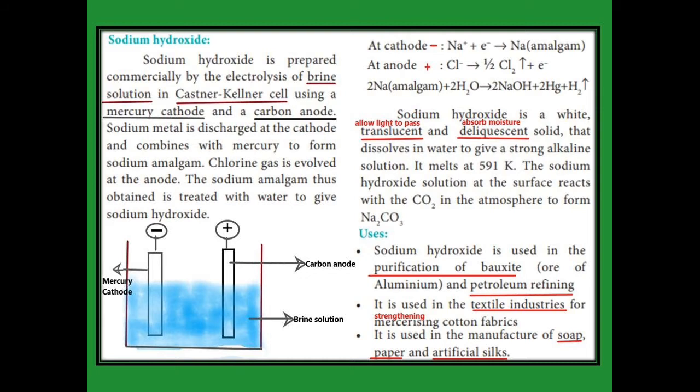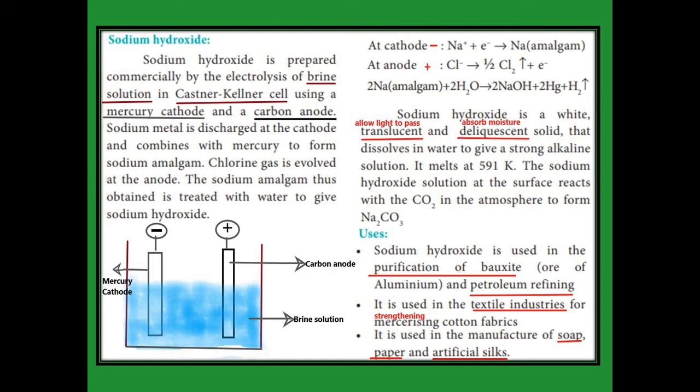For balancing purposes we introduce 2 in front of the Cl-. Then the sodium amalgam we get from the cathode reacts with water and forms 2 moles of sodium hydroxide and 2 moles of Hg, mercury, and liberates hydrogen.